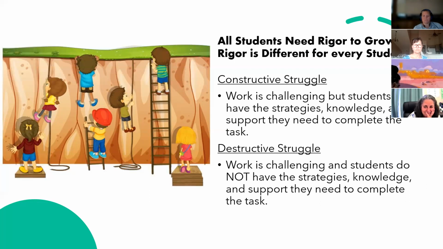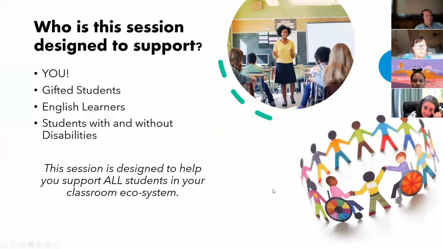So what we need to do is take the activities that you have, the lessons, the sources that you have, and let's see how we can adapt them slightly in a few different directions to make them challenging for every student. And you can see in my fabulous image over here, every student on that image has some kind of support, but some of those students don't have the supports that they need in order to be successful at the task, like the two kids at the end, right? So that was my little picture for you.